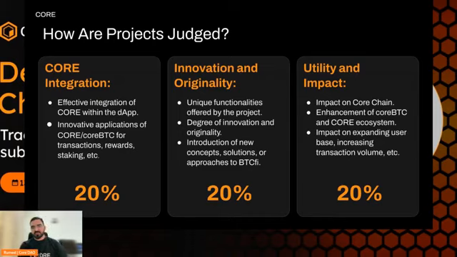Utility and impact is about the impact on Core Chain. What will be the impact that Core Chain will get?